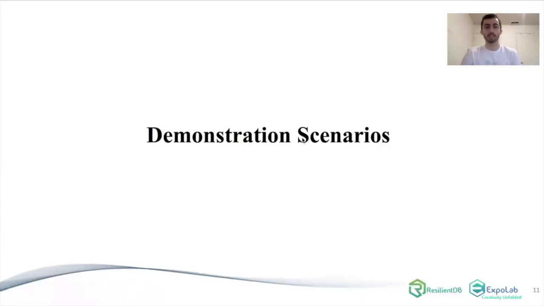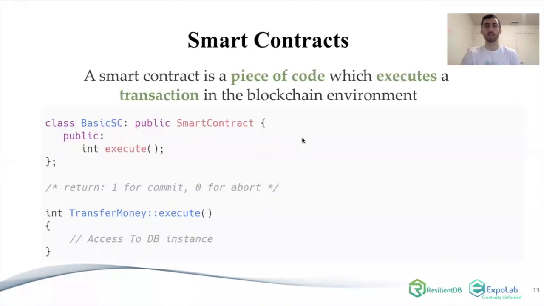So the next demonstration scenario that we are going to cover is how to create a smart contract in our blockchain fabric. What is a smart contract? A smart contract is a piece of code which executes a transaction in a blockchain environment.